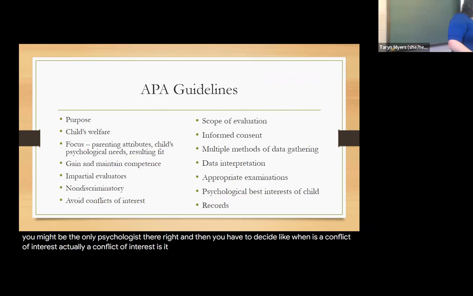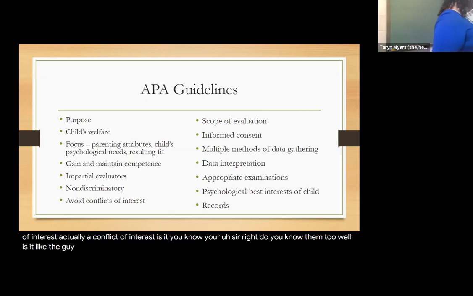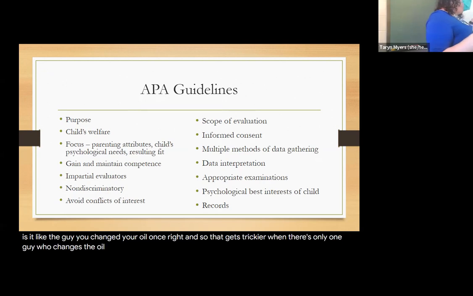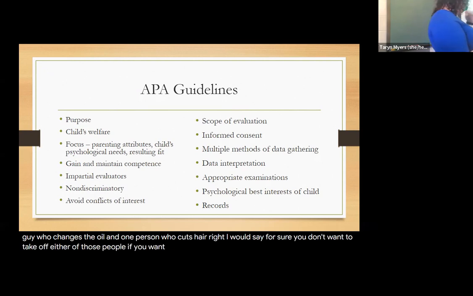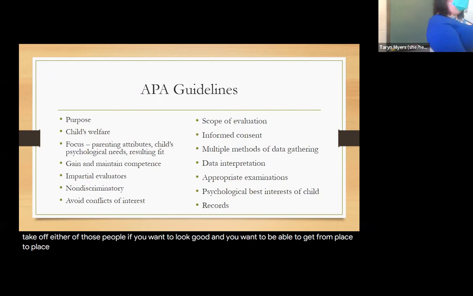Is it your hairdresser, right? Do you know them too well? Is it the guy who changed your oil once, right? And so that gets trickier when there's only one guy who changes the oil and one person who cuts hair, right? I would say for sure you don't want to tick off either of those people if you want to look good and you want to be able to get from place to place, right?